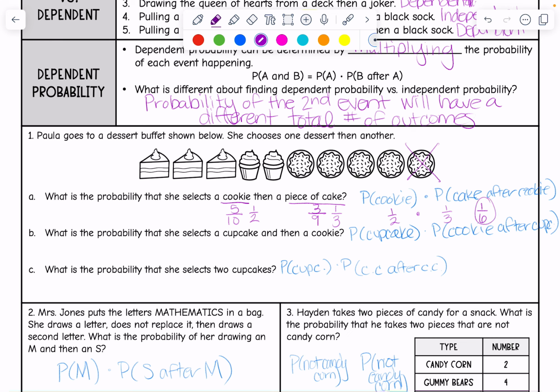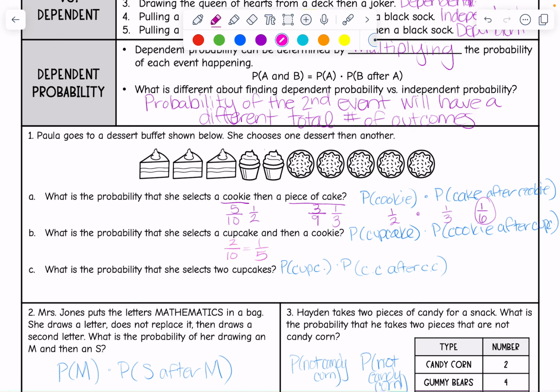What's the probability that she selects a cupcake and then a cookie? So we're going to look at the probability of selecting a cupcake. I have 2 cupcakes out of the 10, which is equal to 1/5.